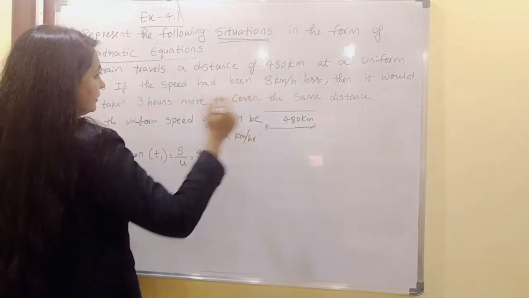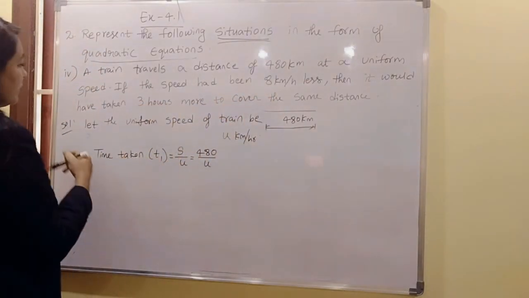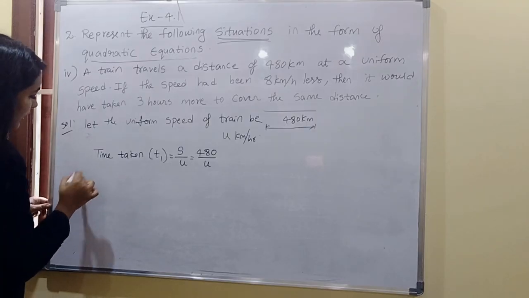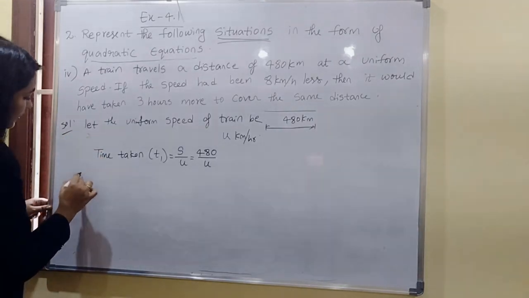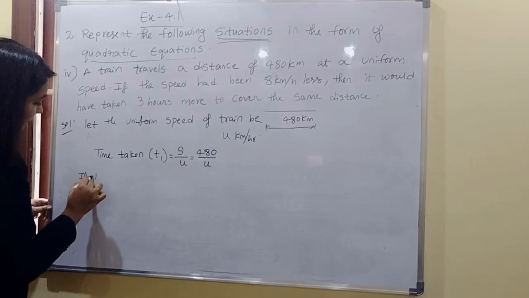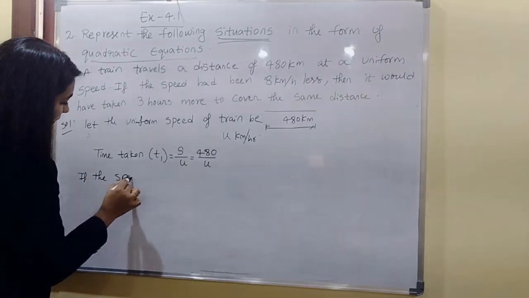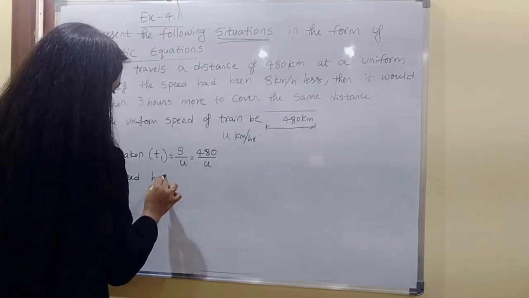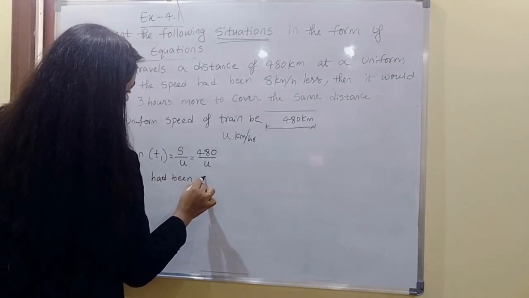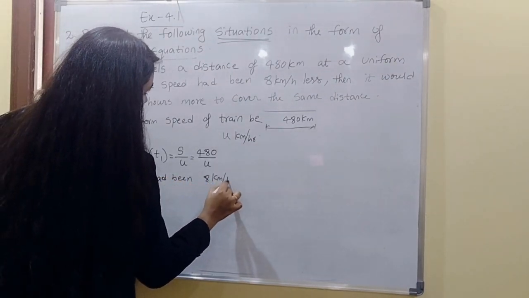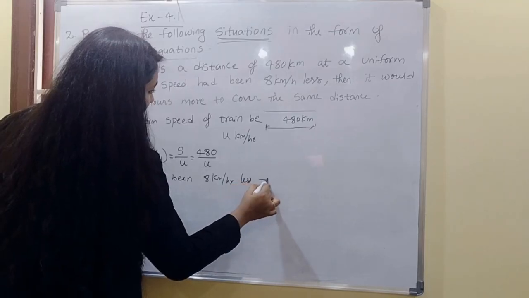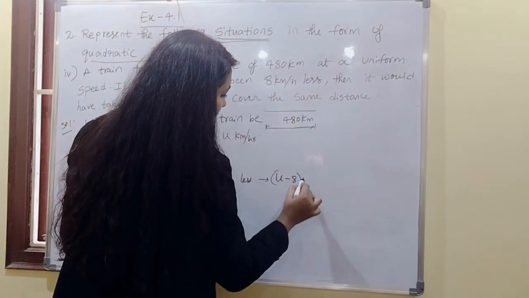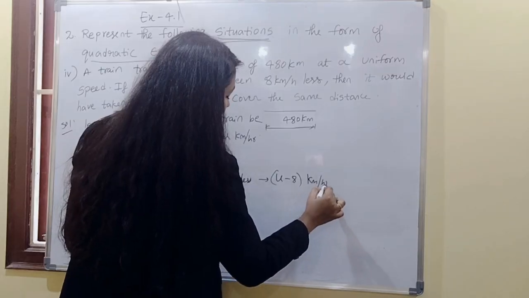And if the speed had been 8 km per hour less, then it would have taken 3 hours more to cover the same distance. According to the question, if the speed had been 8 km per hour less, the new speed would be u minus 8 kilometer per hour.